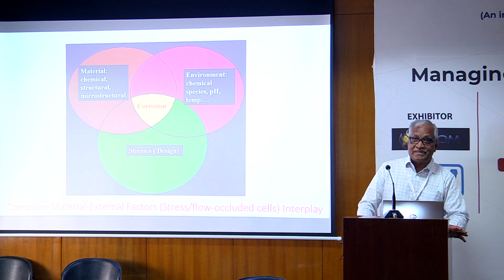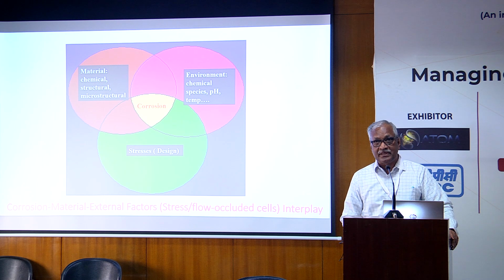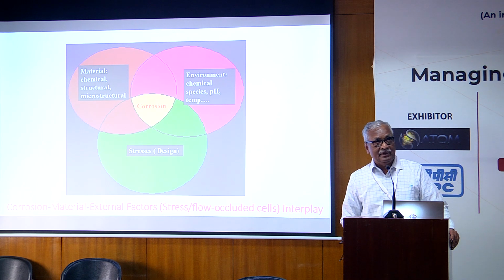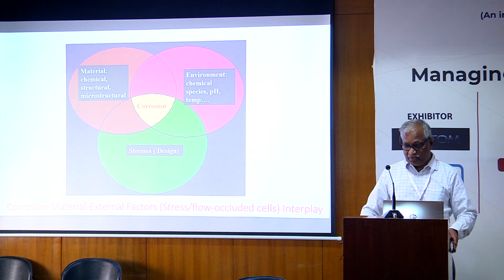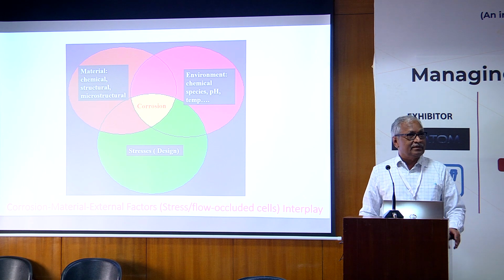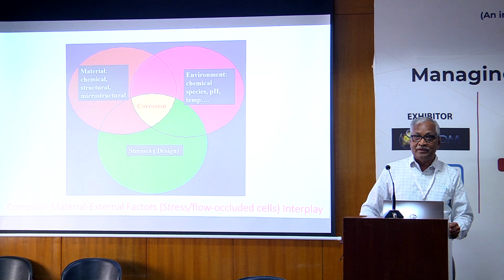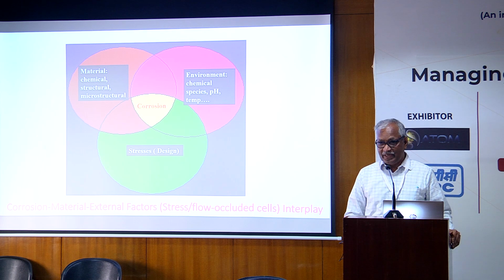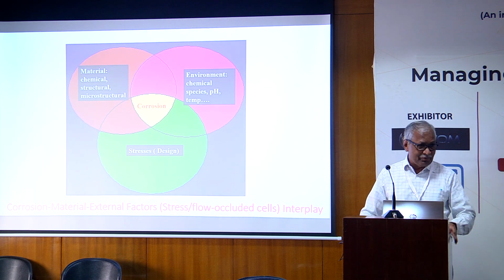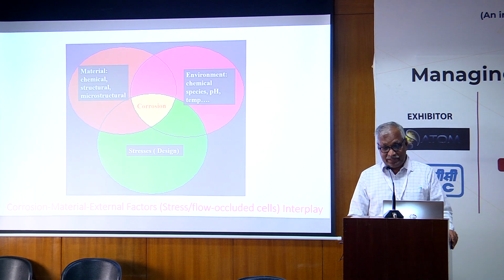So it is a complex interface of so many things that happen at the atomic level and at a macro level, like the stresses that we talk about. That is where finding a solution through an equation becomes so difficult. You wish that there were a constitutive equation, but that is really a problem.